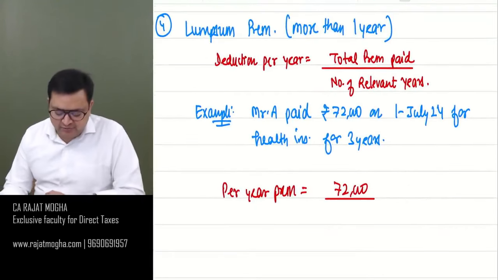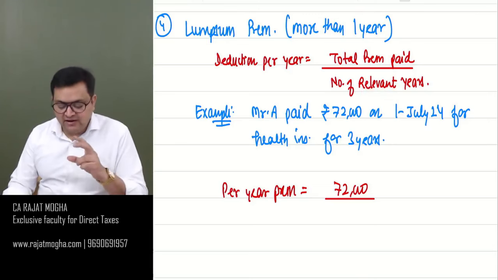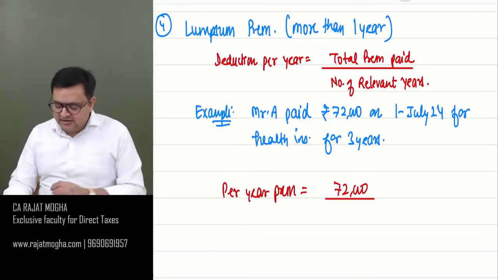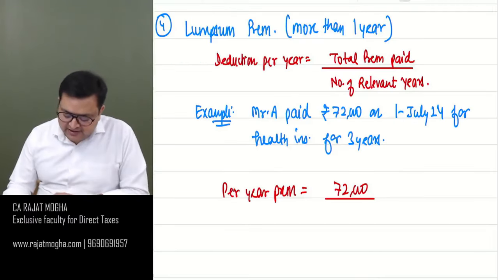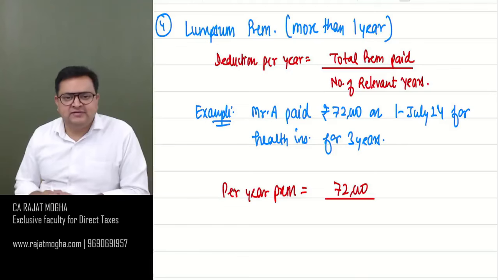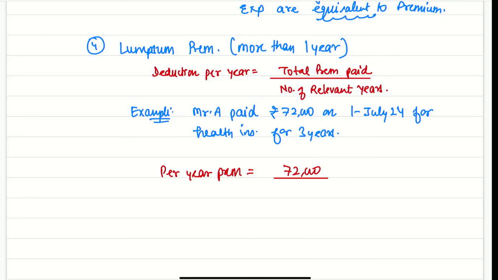Now what you need to do is, in case of lump sum premium, you have to see number of relevant years, not just number of years. What does number of relevant years mean? Guys, if he has paid on 1st July 24 for 3 years, tell me the last date up till when this policy is in effect.